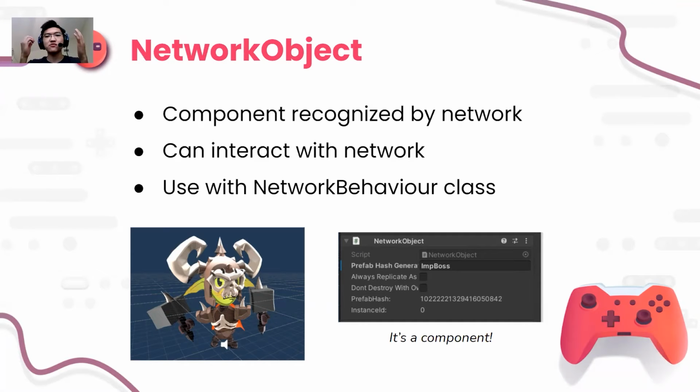The network object has information about who's controlling this game object, what the ID of this object is on the network, stuff like that. That's really important for being able to keep track of the different objects that are moving around on the network.